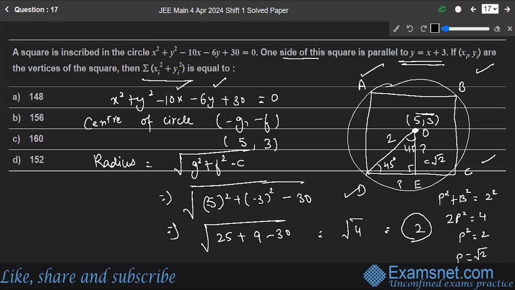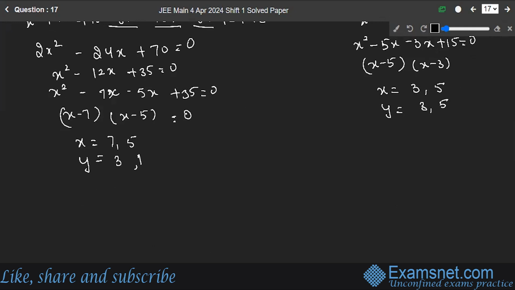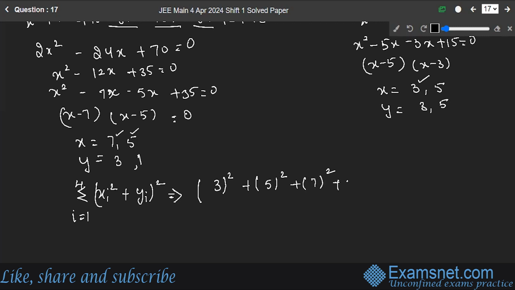Then, summation of xi square plus yi square. What you have to find out? Summation xi square plus yi square, from i starting from 1 to 4. So first of all, let's pick up any one of them. I'll start from here. So this will be 3 square plus 5 square and 7 and 5.